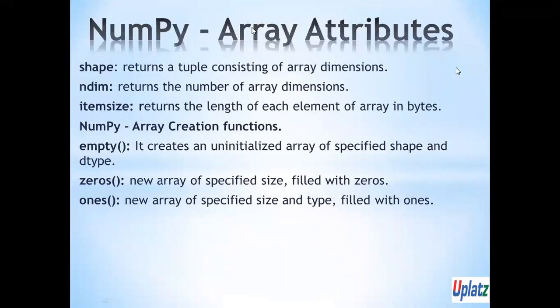We will see how to check the dimension of an array using ndim. Then item size. What is an item size? As I told you, an array consists of items, right? So the number of bytes that each element is using in memory is known as item size.